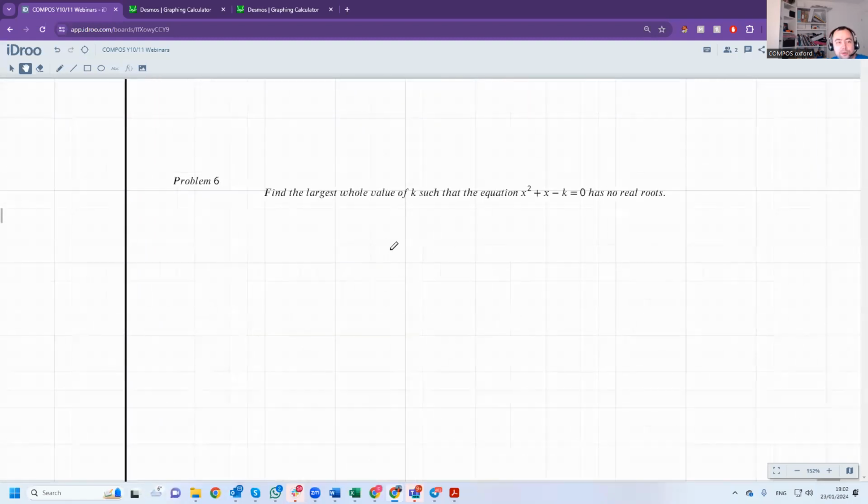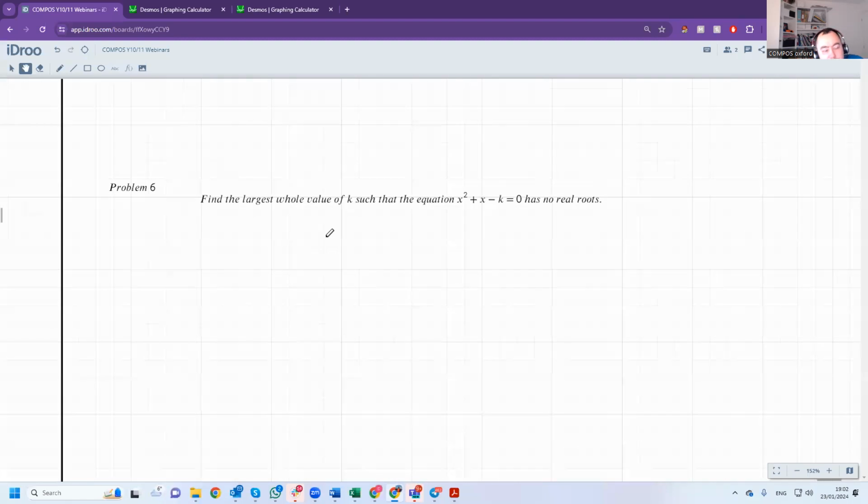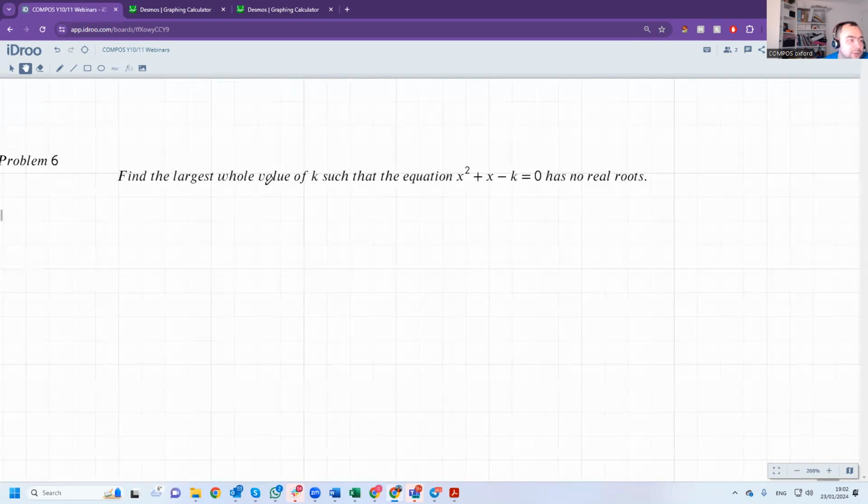Find the largest whole value of k such that the equation has no real roots. If it has no real roots, the discriminant is negative.